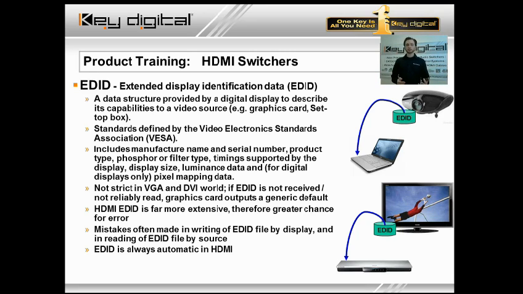As I mentioned earlier, this actually originated in the VGA world, in the computer world. It was a standard that, as we see in the bullet point, was defined by VESA. It includes not only video resolutions and audio resolutions, but a lot of very important information: aspect ratios, color spacing, and that sort of thing. Now, in the VGA world, though, it was not as strict.